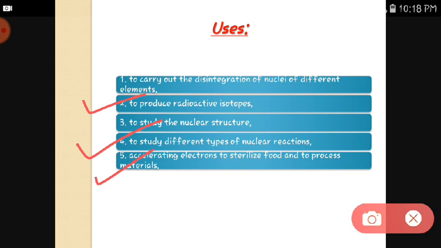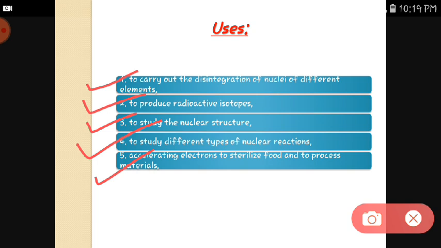Then accelerating electrons to sterilize food and to process material. Artificial foods जे असतात that can be made by using this kind of technique. Then to study the nuclear structure, obviously, and to carry out disintegration of nuclei of different elements.